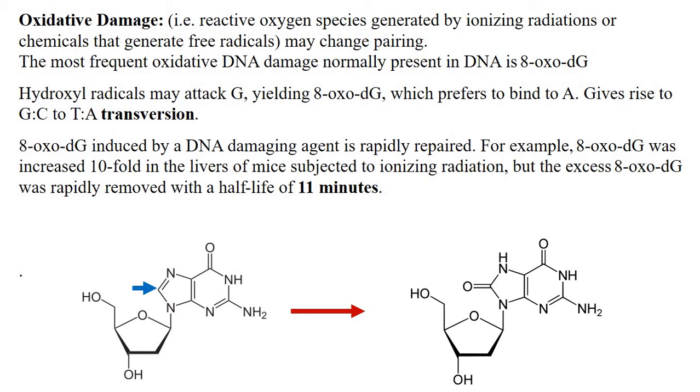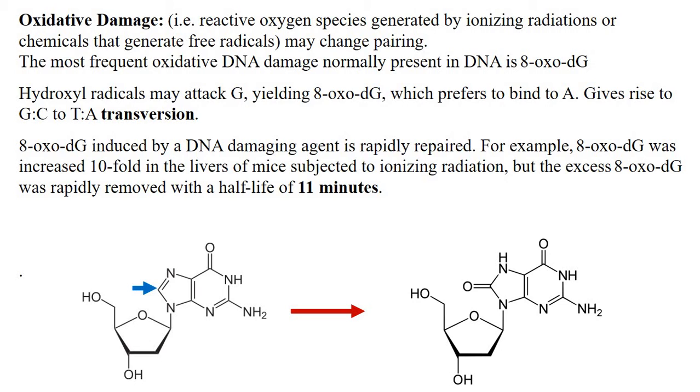This 8-oxo-dG induced by DNA damaging agents is usually repaired very rapidly in the system. Some of the experiments have shown that when mice are subjected to ionizing radiation, there was a tenfold increase in 8-oxo-dG levels in the liver of these mice. However, most of this 8-oxo-dG was removed within a few minutes, and the half-life was 11 minutes.